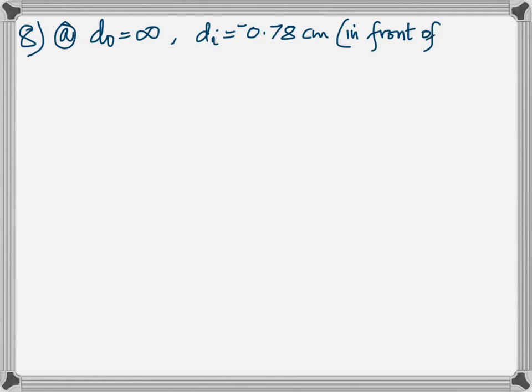Question 8. This guy can only see between 25 and 78. So when DO is equal to infinity, his image must be produced at 78 centimeters. Use the lens equation.